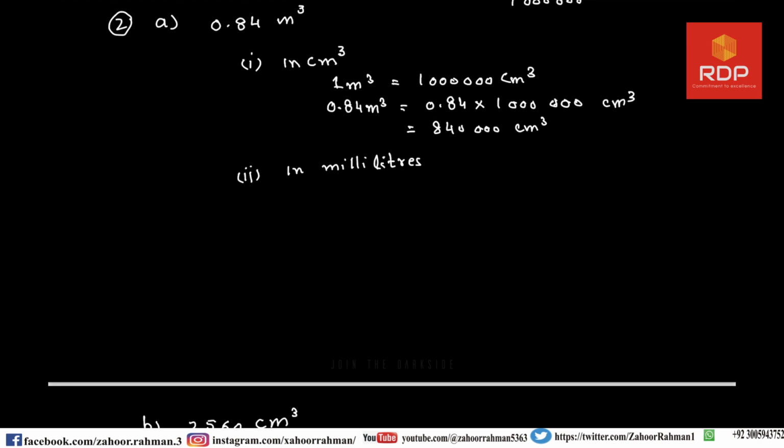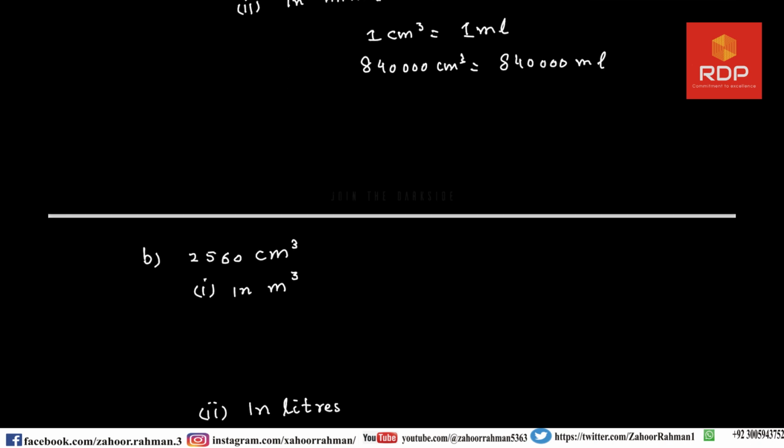For that we are writing 1 centimeter cube is equal to 1 milliliter. So 840,000 centimeter cube will be equal to 840,000 milliliter.